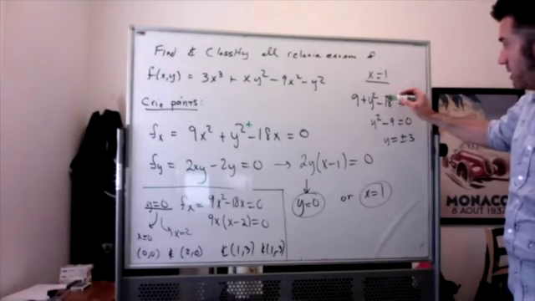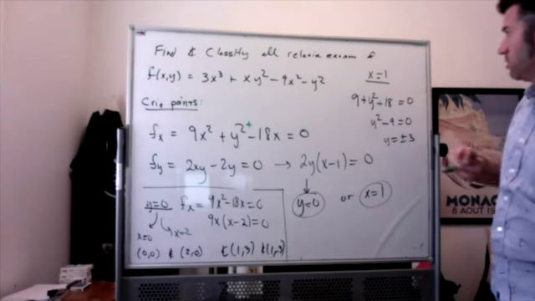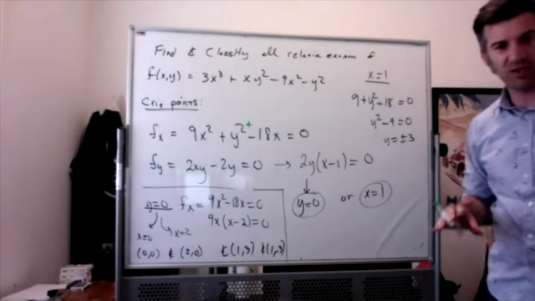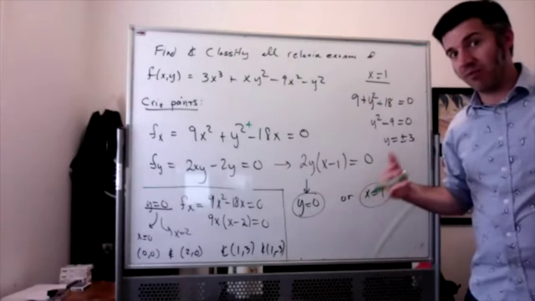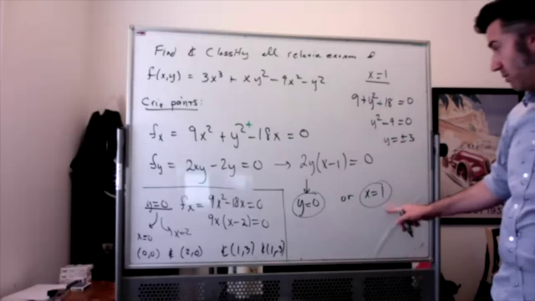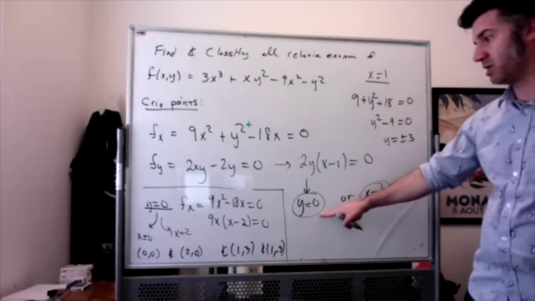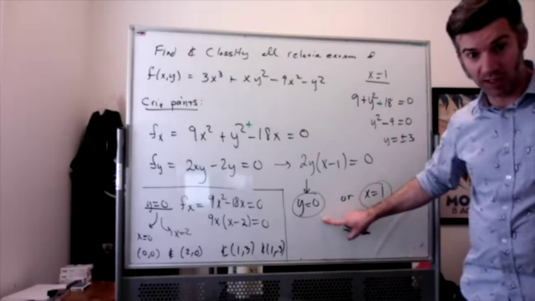Because if this was a plus 18, then you would have y squared plus 27 equal to 0, which wouldn't be solvable. So what I'm trying to point out here is that sometimes some of the equations don't lead to any critical points, right?